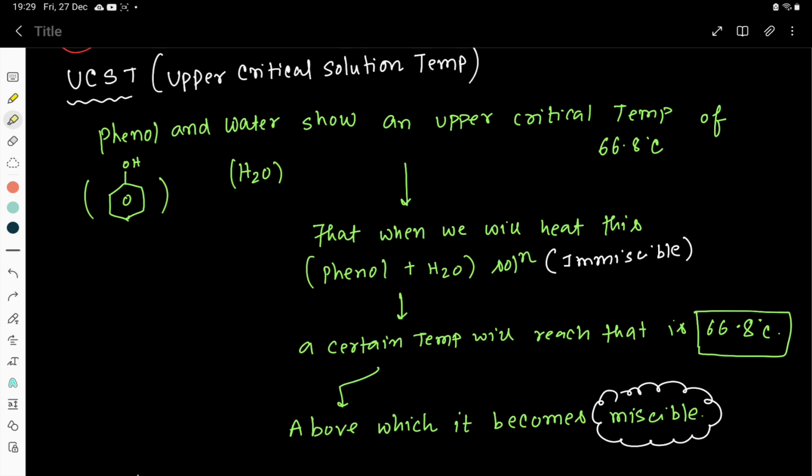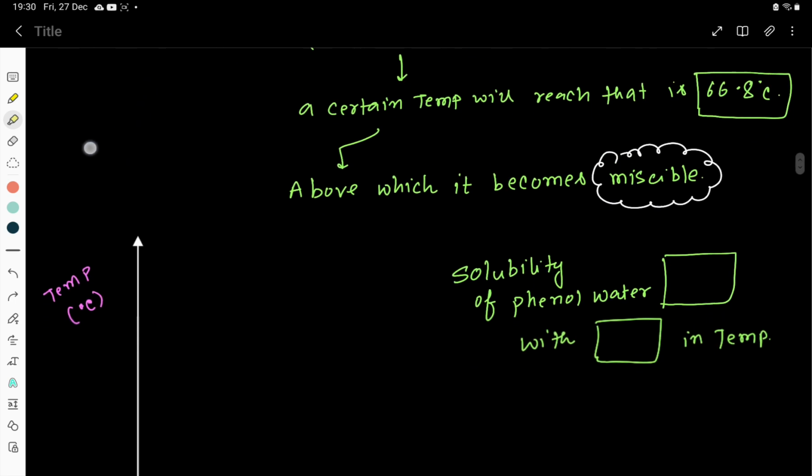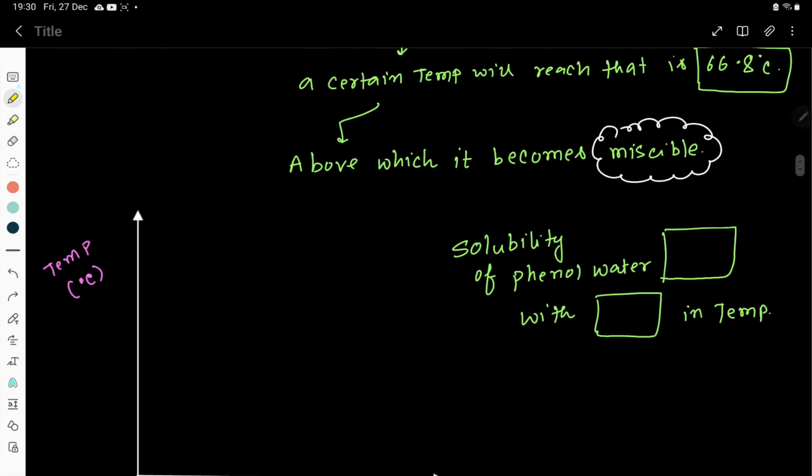And what happens here is, when we are increasing the temperature, the solubility of phenol water is also increasing. So I can also write here, solubility of phenol water increases with increase in temperature.